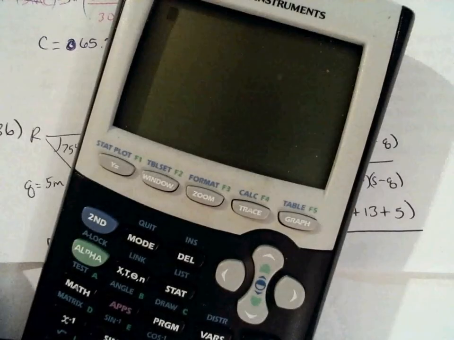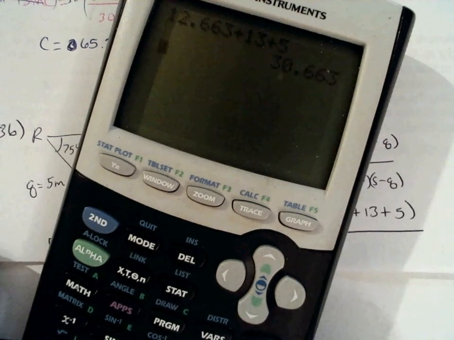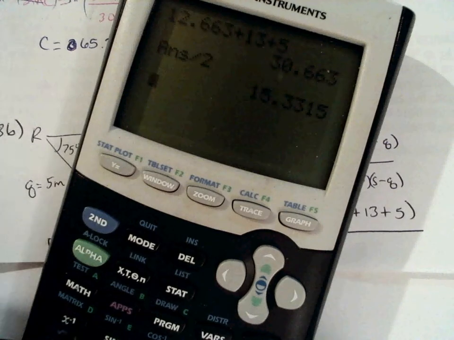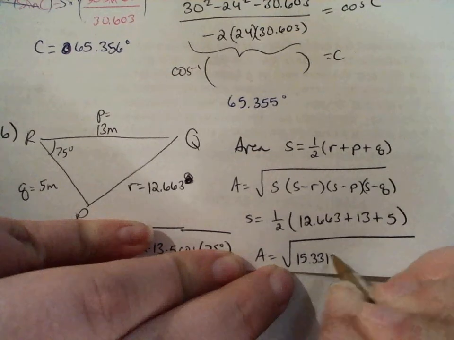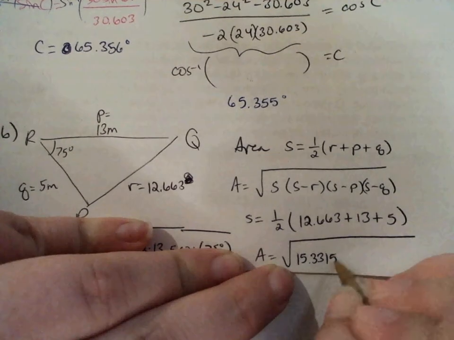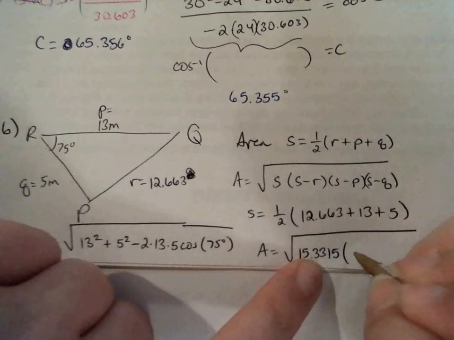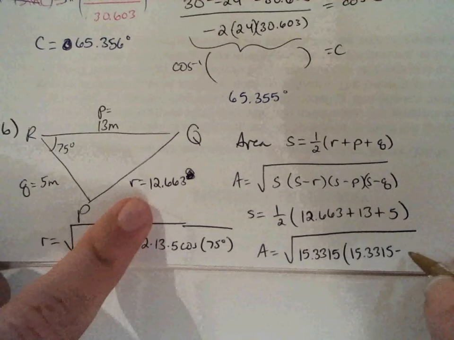So 1/2 that, whatever that is. Okay, 12.663 plus 13 plus 5, and then divide all that by 2, and I get 15.3315. I might as well use that whole number. I'm just going to write it down.